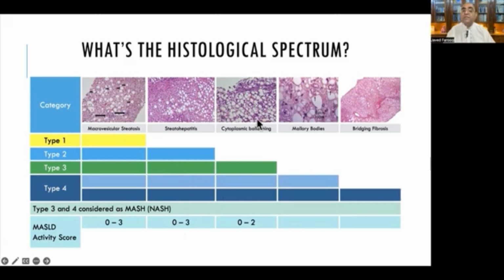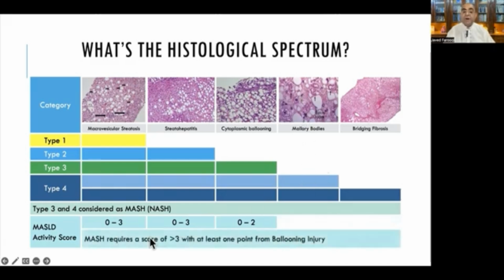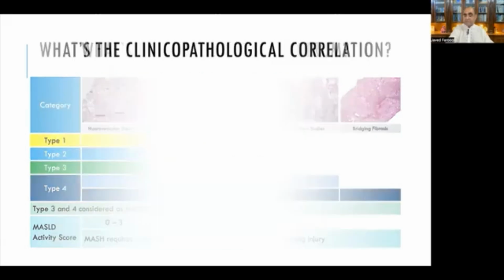The cytoplasmic ballooning 3 grades: 0, 1, 2, and of course 1 for Mallory bodies, 1 for bridging fibrosis. And depending upon the score, more than 3 with at least 1 point from ballooning injury, this will diagnose histologically that the patient has got MASH or metabolic dysfunction associated steatohepatitis.